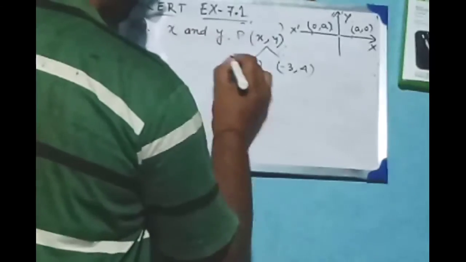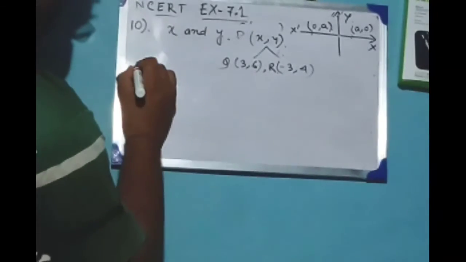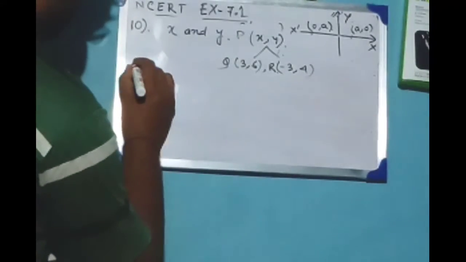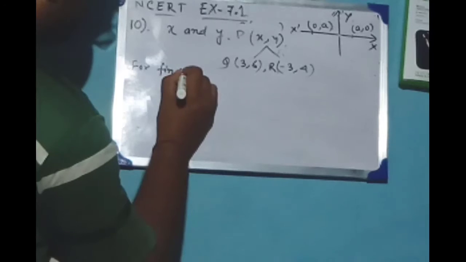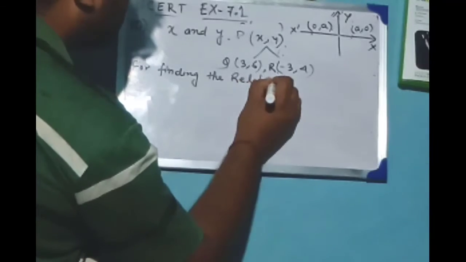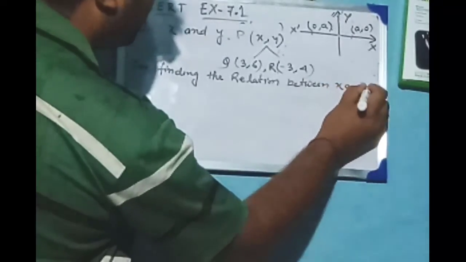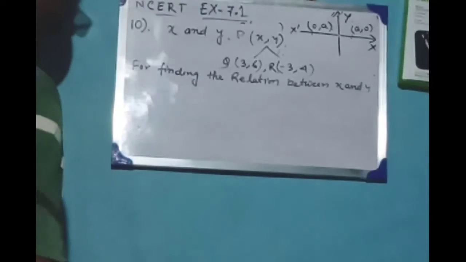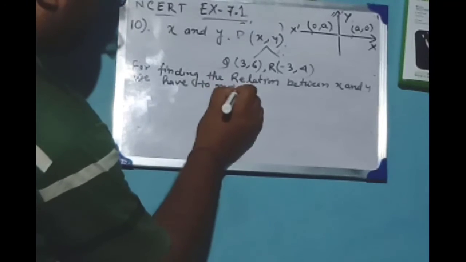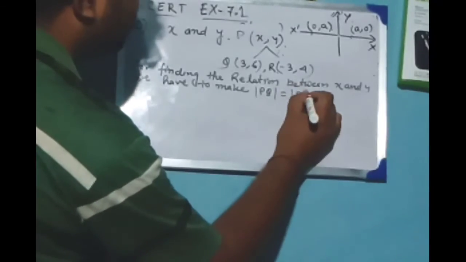So I am taking this point as P, this point as Q, and this point as R. So PQ, for finding the relation between x and y, we have to make PQ equal to PR.